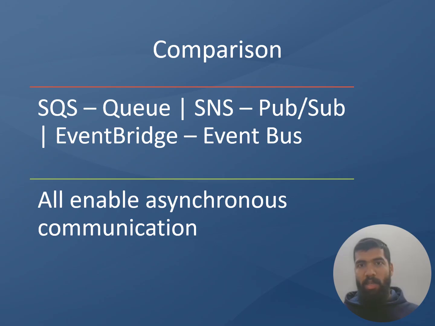API Gateway securely exposes services. Together, these services help build decoupled, scalable, and resilient systems that can grow as your business grows. And the best part is all of them are fully managed, meaning no servers, no manual scaling, and very high reliability. Isn't that amazing?